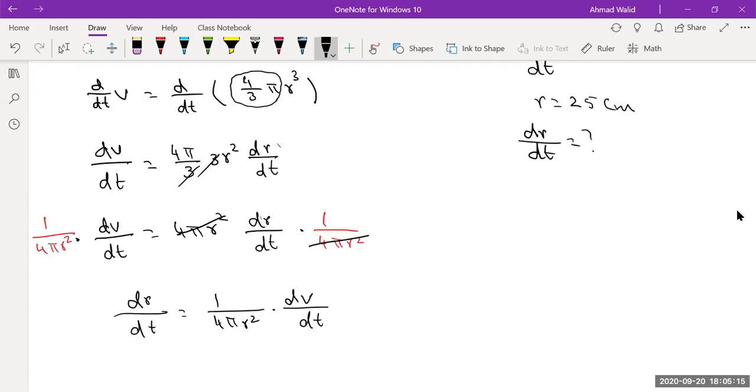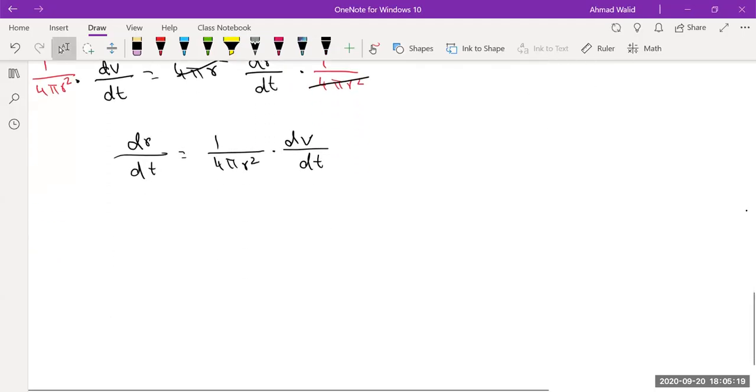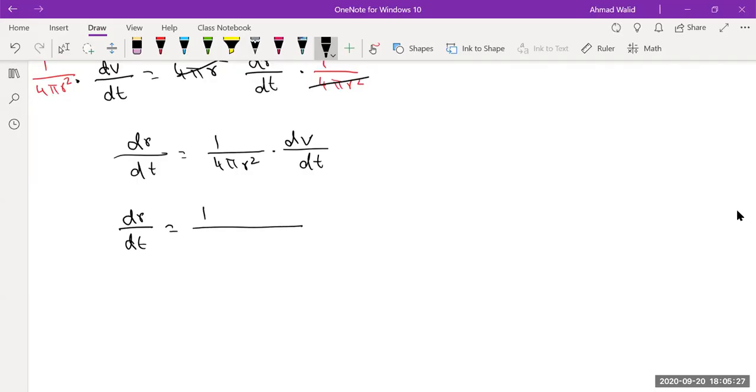Let's plug in those values and we can easily find the rate of change in radius. dr/dt equals 1 over 4 pi times r squared, your r was 25, 25 squared, times dV/dt.